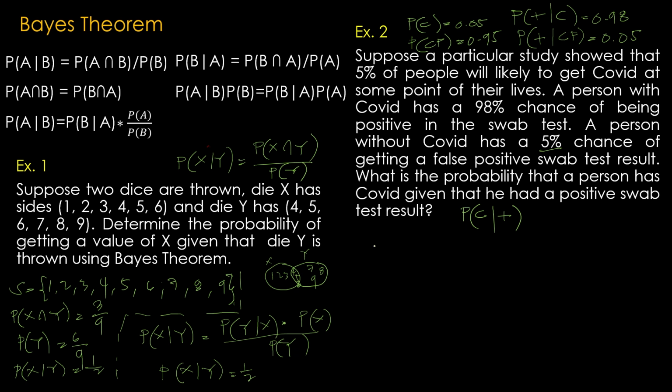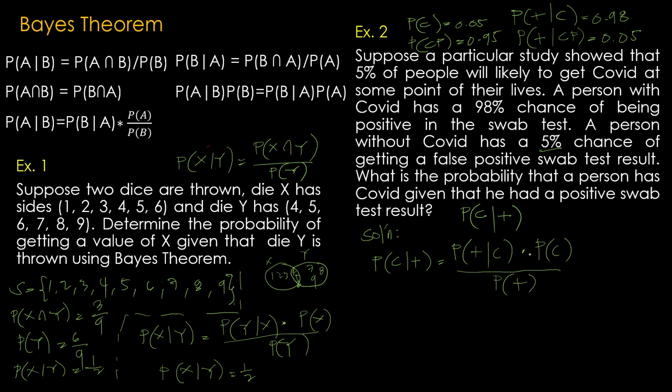So using our Bayes theorem for the solution, the probability of having COVID given you have a positive swab test result is equal to the probability of the reverse conditional probability, the probability of getting a positive test result given that you have COVID, multiplied by the probability of getting COVID, all over the probability of getting a positive swab test result.